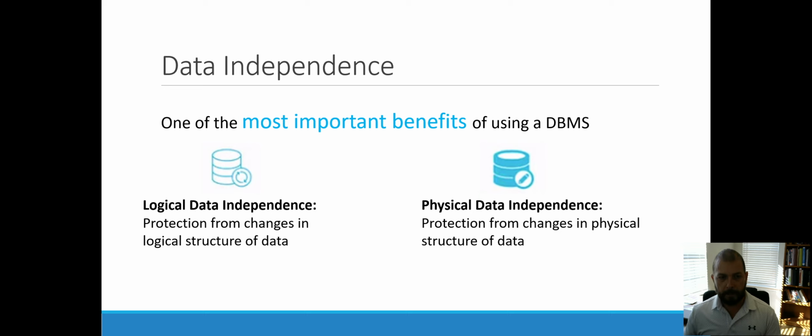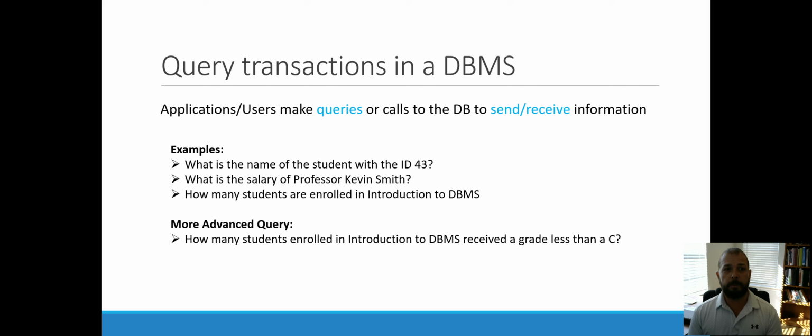For the most part, our users or our applications that are sitting on top of the database are going to be creating query transactions. That's how they're going to actually access, or send and receive, information from our database systems. Imagine we had a university database system.